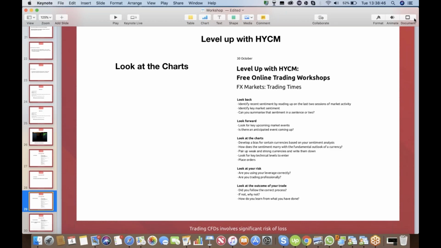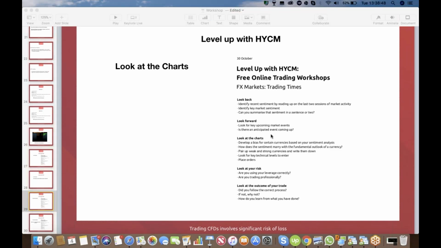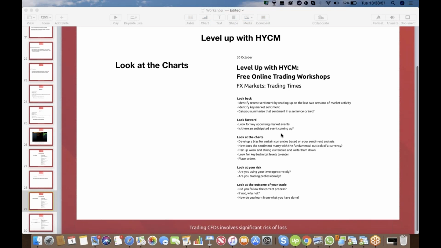Looking at the last two sessions, we need to develop a bias for certain currencies based on your sentiment analysis. What currencies would you be looking at trading given the information we've been looking at?